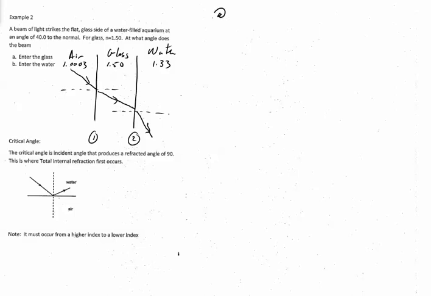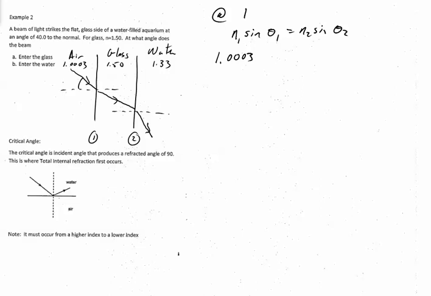So let's first start at boundary number 1. At 1, we have n1 sine theta 1 is equal to n2 sine theta 2. So n1 is going to be 1.0003, and it tells me that it strikes at an angle of 40 degrees.